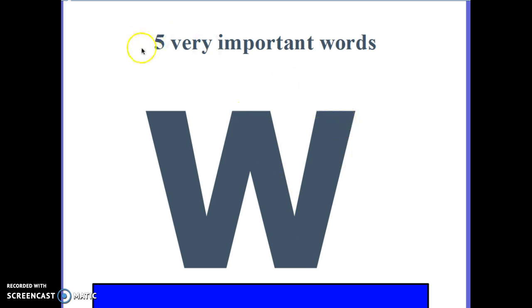Remember, there's also 5 important words that we need to remember when asking questions. 1, 2, 3, 4, 5. So we're going to be using the W to help us remember the question words.